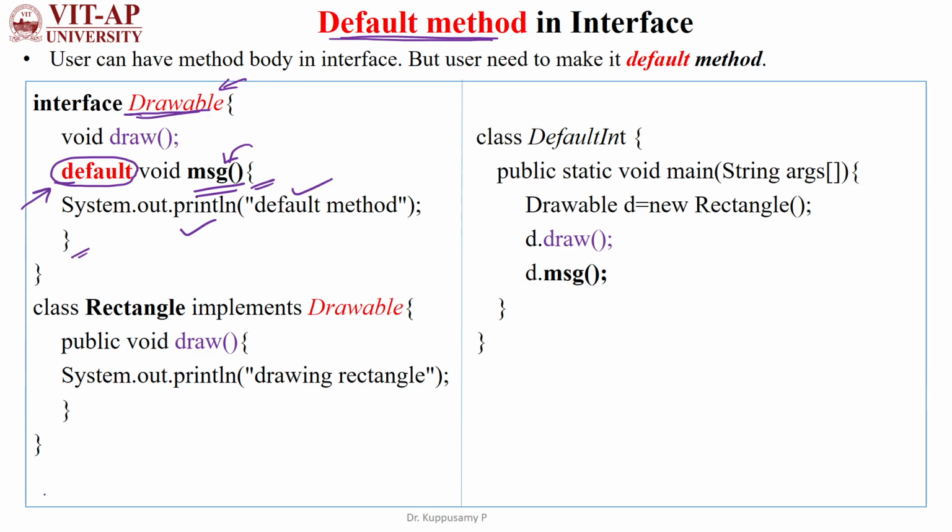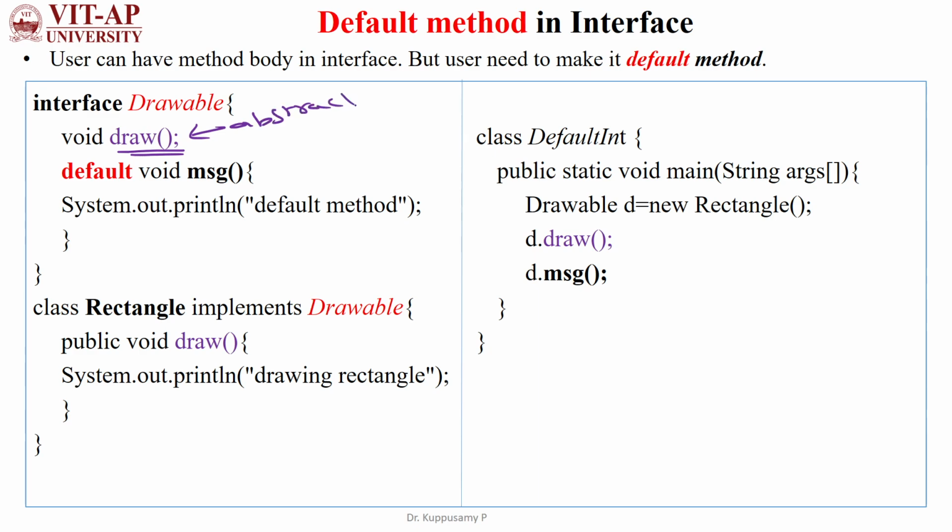So here this interface has two methods. One is draw, which is an abstract method because it is not defined with the default keyword, and it is implemented inside the class Rectangle. Here we implement that draw method with a single statement. Then I am defining one more method, msg, which has a body of content.